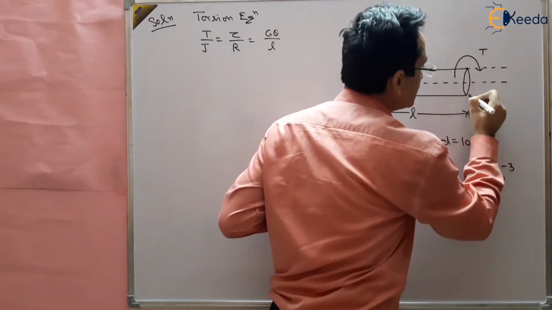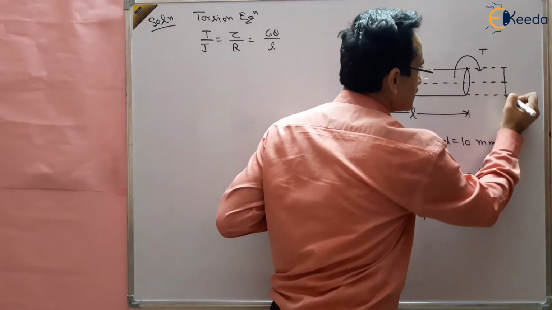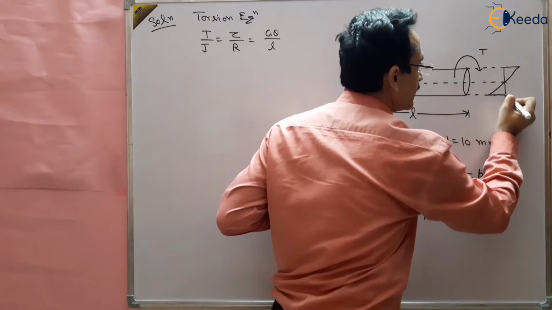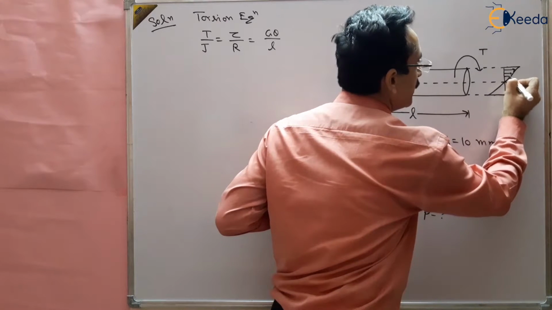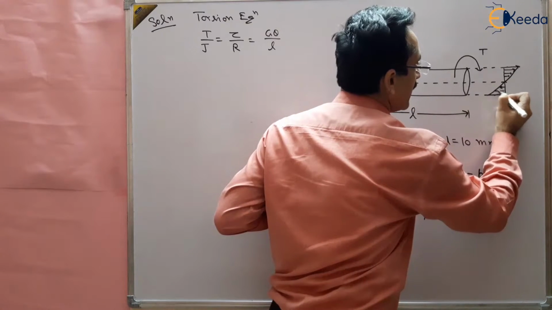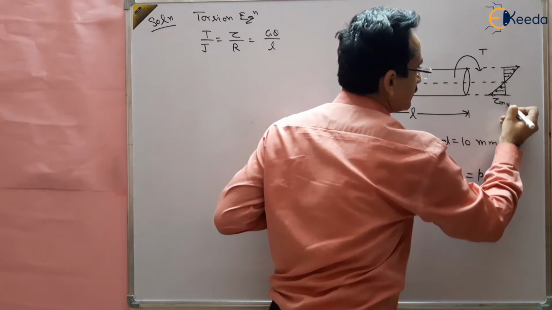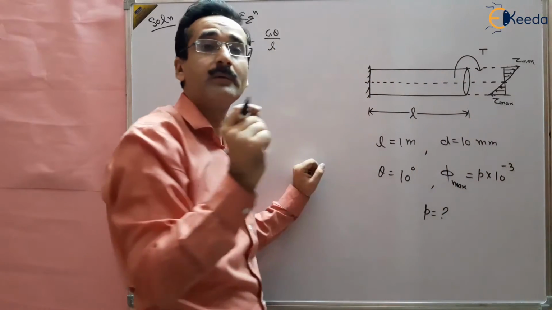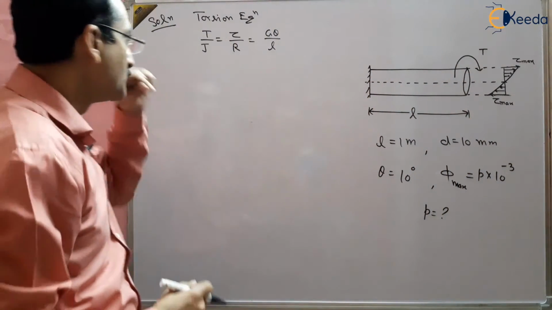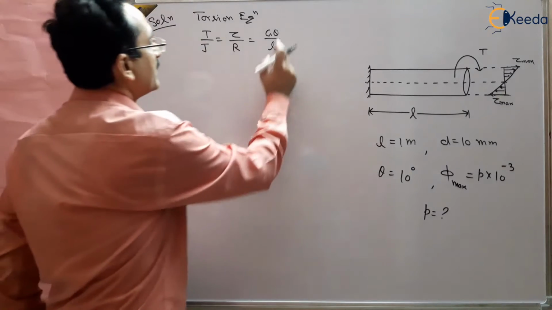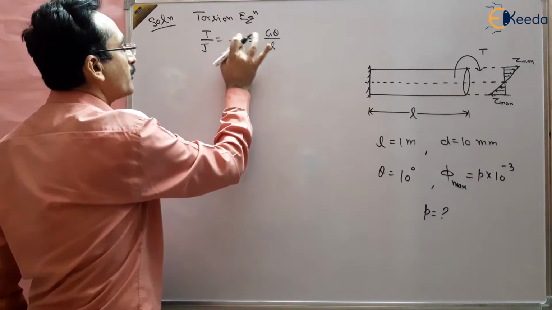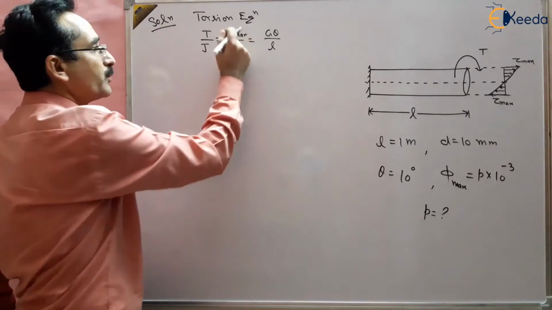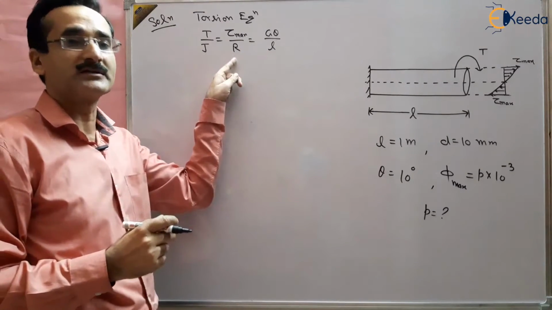So this is the maximum shear stress, at both the outer peripheries. And where there is maximum shear stress, at the same place there will be maximum shear strain also, right? So this is the equation. Here tau means tau max because we are taking the outer radius.